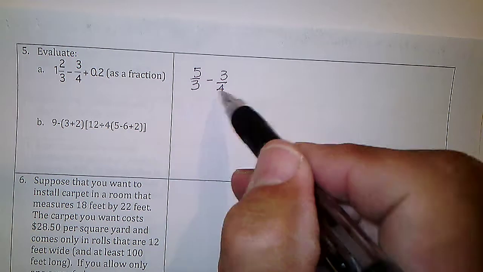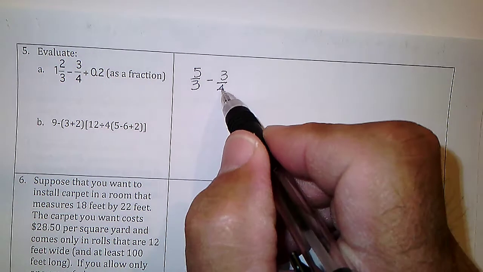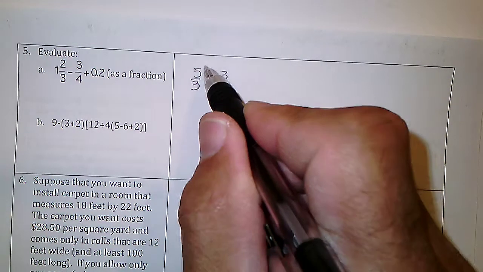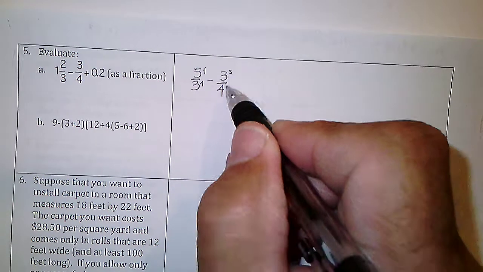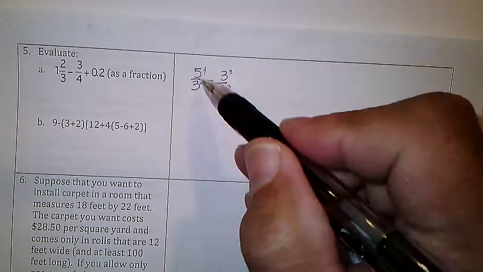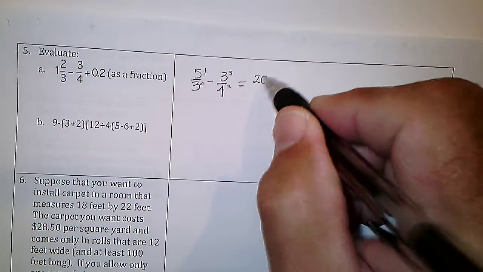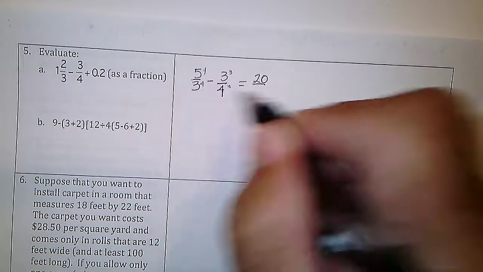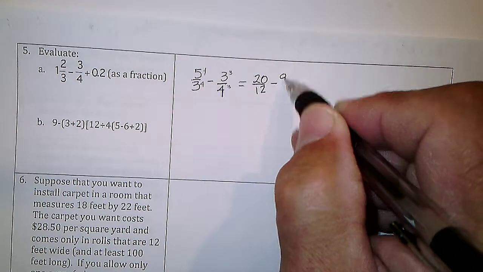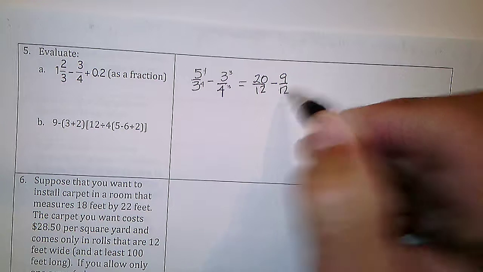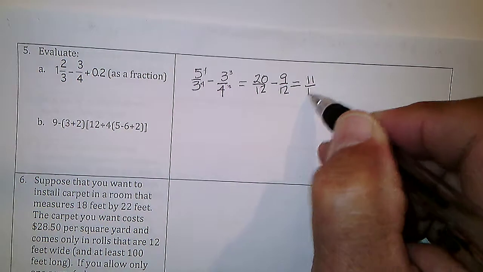So what's the common denominator? I hope you're thinking 12, and so I need to multiply this one by 4 and 4, and this one by 3 and 3. So I have 20 twelfths, multiplying 3 times 4, twelfths, minus 9 twelfths, which gives me 11 twelfths.